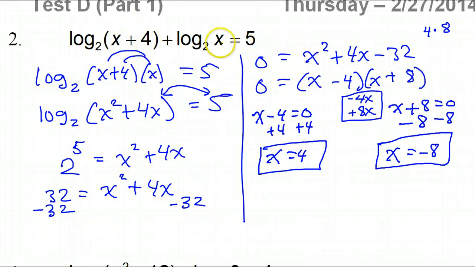If I put in 4 here, I just get 4. And that's also fine. So that's not breaking any laws. On the other hand, if I put in negative 8, that's going to give me negative 4 here, and right here that's going to give me negative 8. So this is going to be extraneous. That's a no-go. So cross it out, write extraneous.